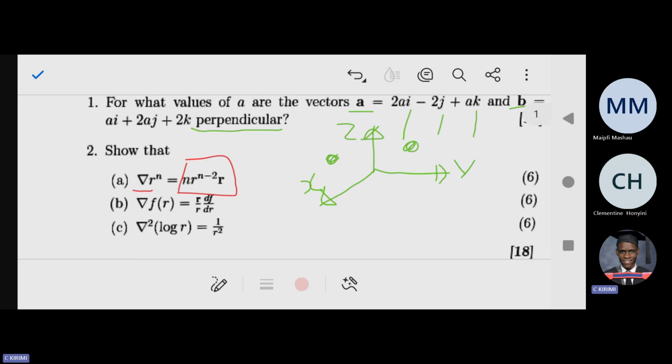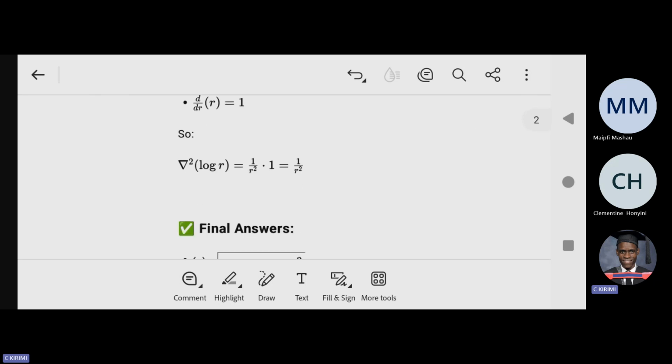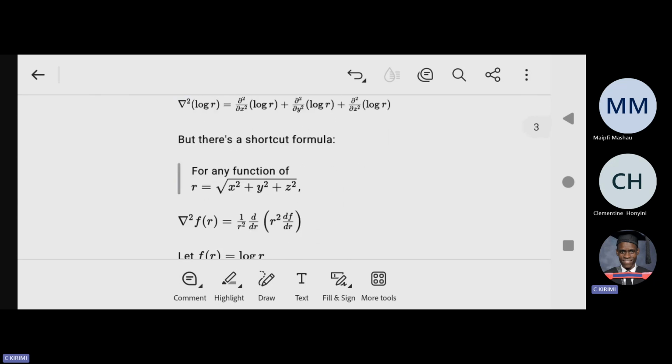Remember, we are calculating del squared of R to the power n, which is the del operator. So if it's operating on R^n, it will be the second partial derivative of R to the power n. So first we must know what is that R before we go any further. We must know what is the value of R.